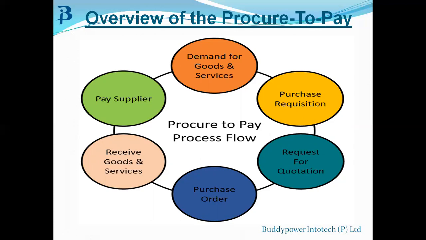Okay, so the procure to pay cycle is vital, very important to an organization. In this process, the organization buys and receives goods or services from its vendors or suppliers, and then makes the necessary payments to them. So the P2P process involves two modules or options, the procurement and the payables module, right?